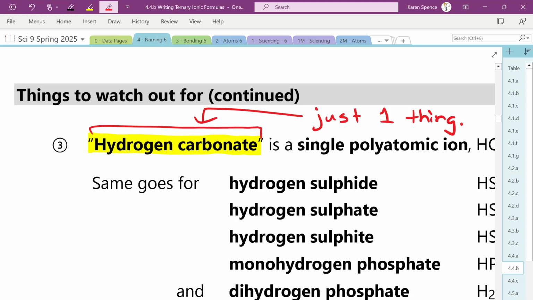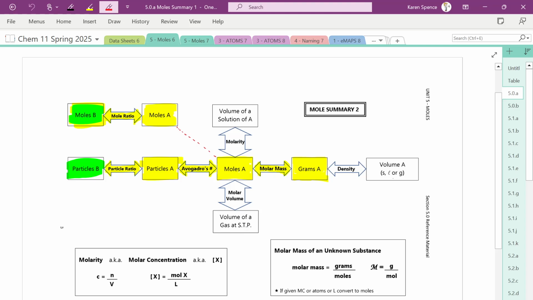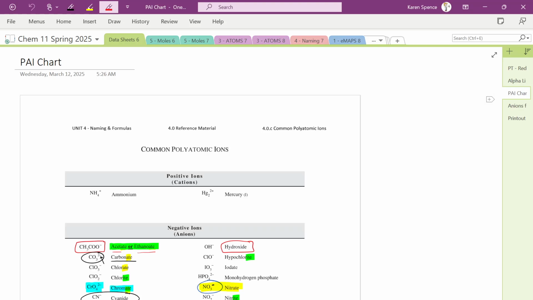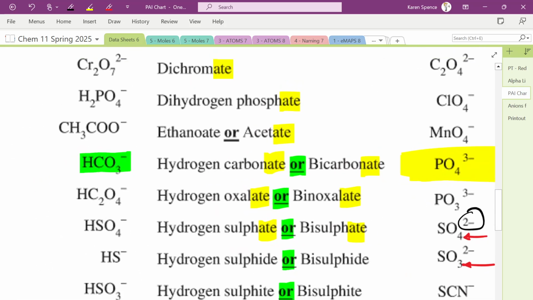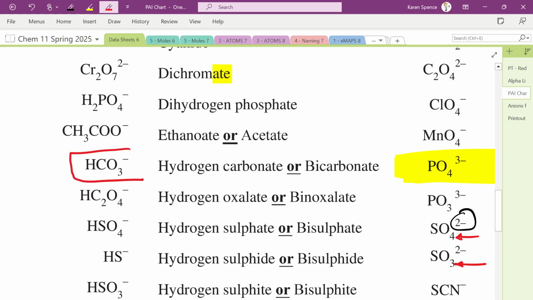Okay, if I go to my table of polyatomic ions, and I look up hydrogen carbonate, do you see how it's just one thing, even though it's got two names?